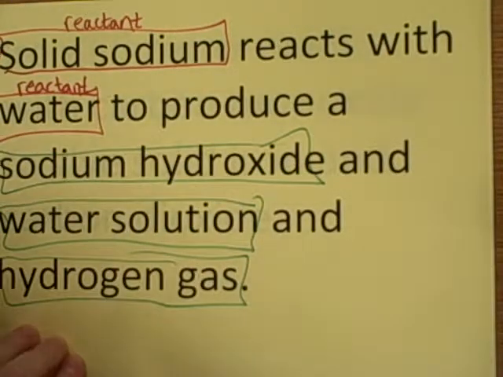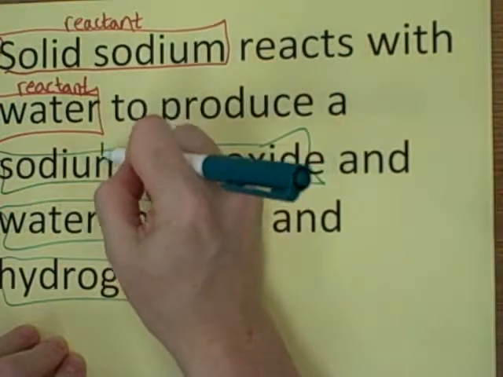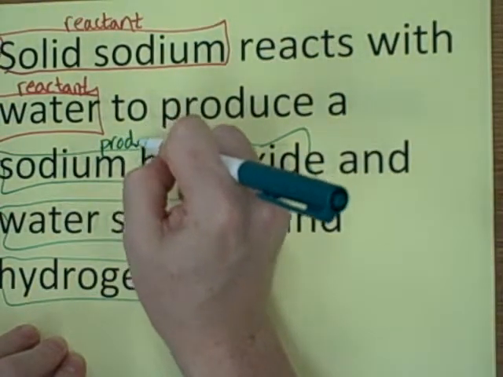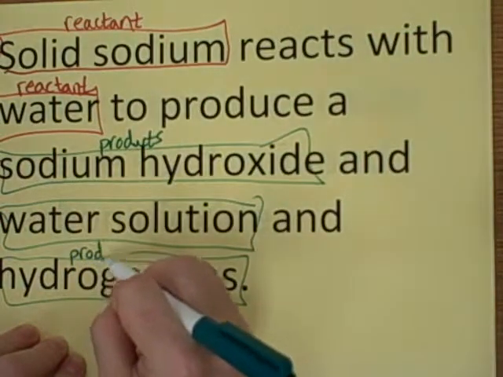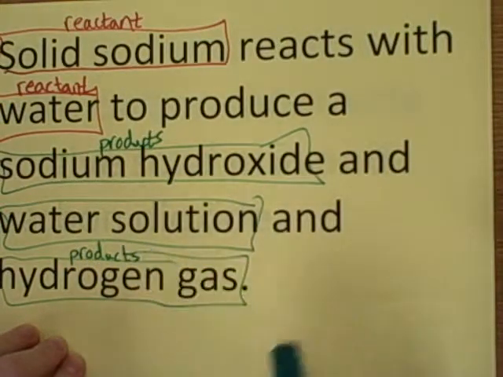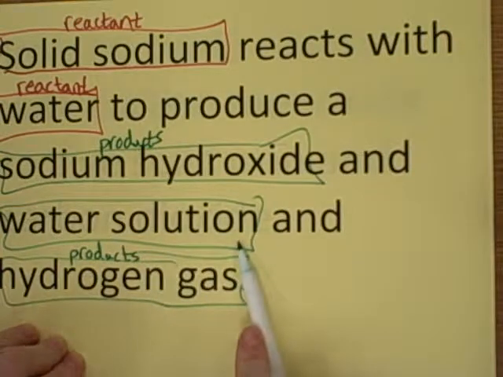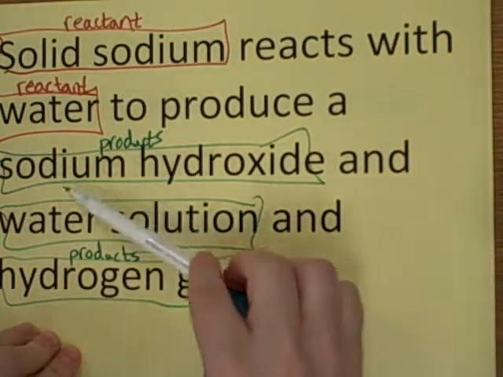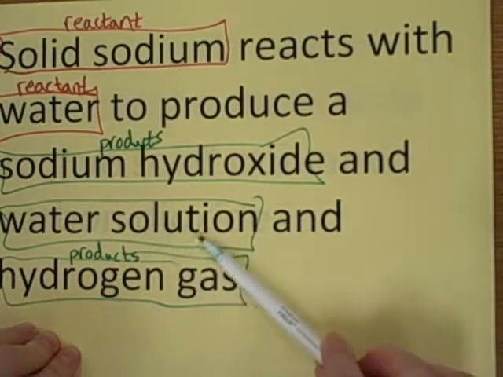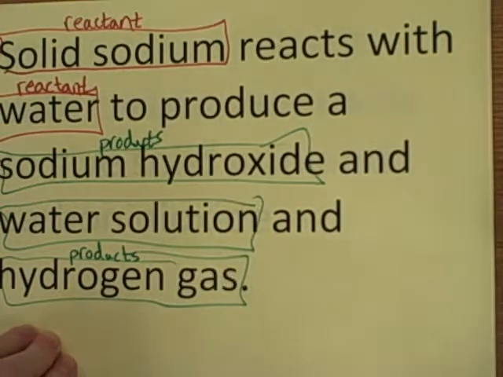Our products are sodium hydroxide and hydrogen gas. Now, you're probably wondering why I didn't label water solution as one of the products, and that is because if you have a product in a water solution, we just add the symbol AQ for aqueous after it.